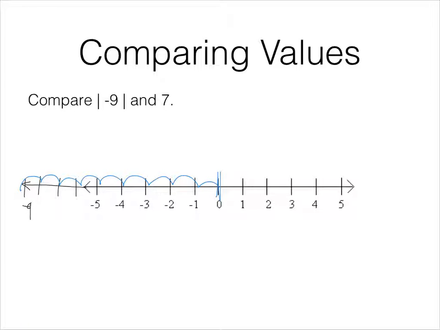Absolute value of -9 is equal to 9, because it's always going to be a positive distance. And then I'm comparing, which is bigger, 9 or 7? Well, if I rewrote my answer, the absolute value of -9, which equals 9, is going to be greater or bigger than 7. And that would be my answer that I would give.